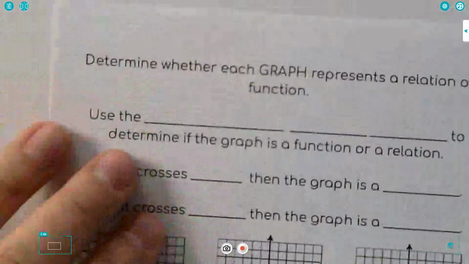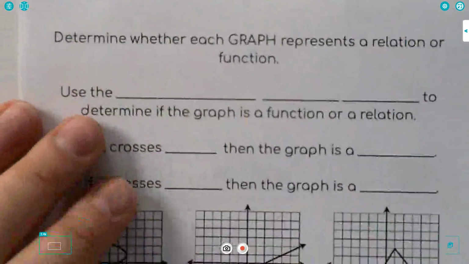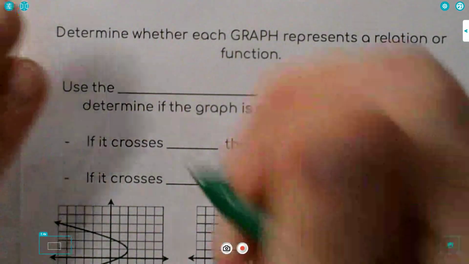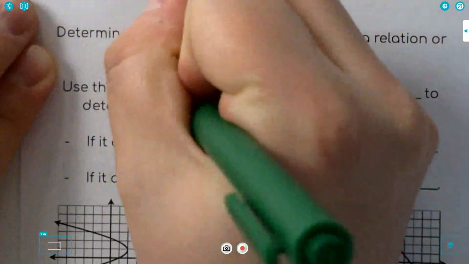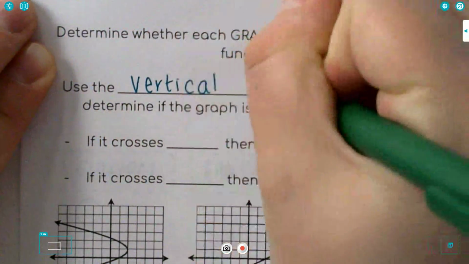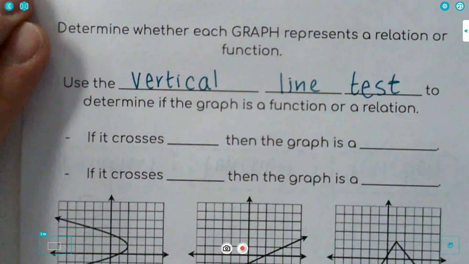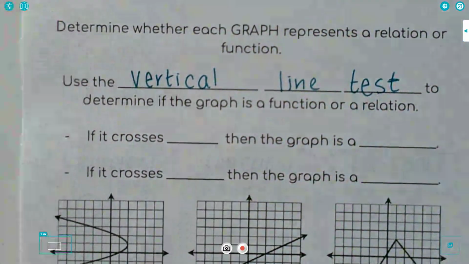Flip this over. The next thing that we're going to look at is graphs. And graphs are the ones you already know how to do. So let's review that. We did this on Friday. We use the vertical line test to determine if a graph is a function or a relation.